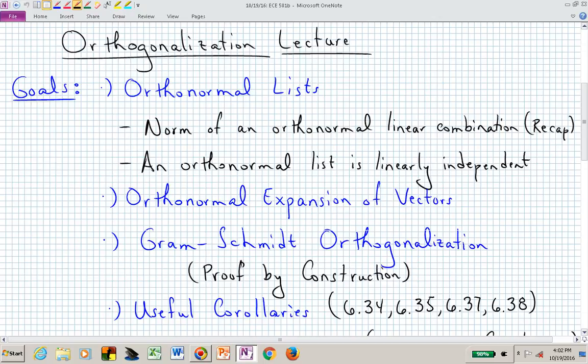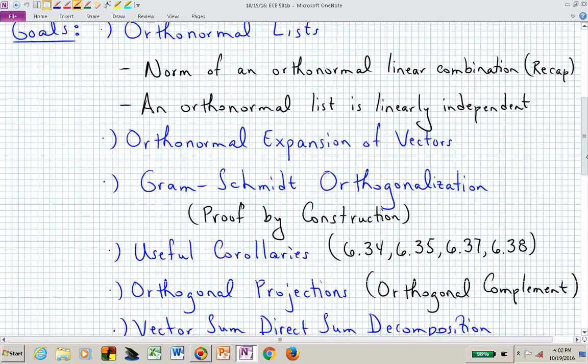and that was the norm of an orthonormal linear combination. We really just take the scalars of those vector descriptions. We've described a vector as a linear combination of orthonormal vectors. Their scaling is then we take the absolute value of that, square it. That's the norm of the orthonormal linear combination.